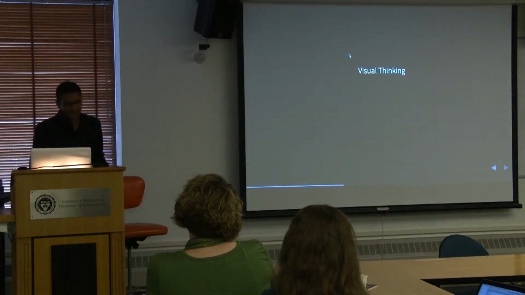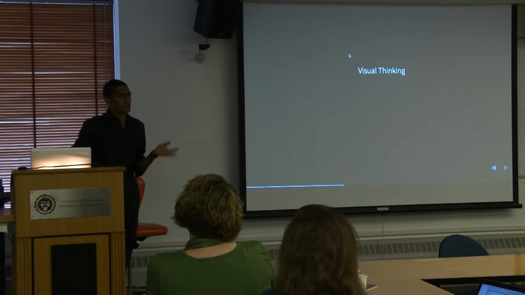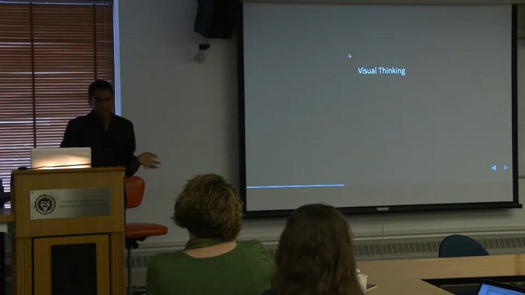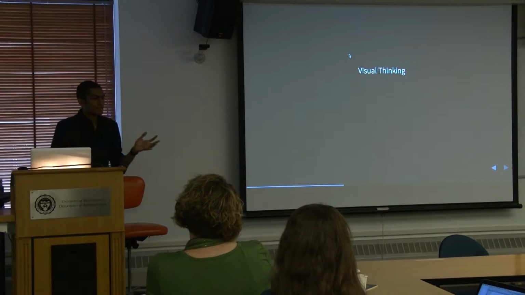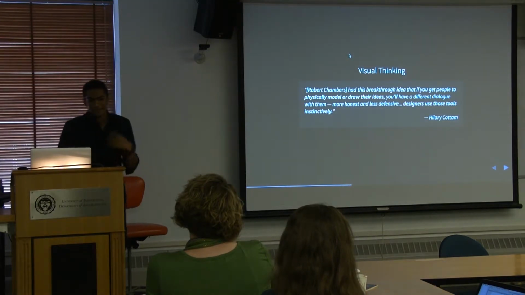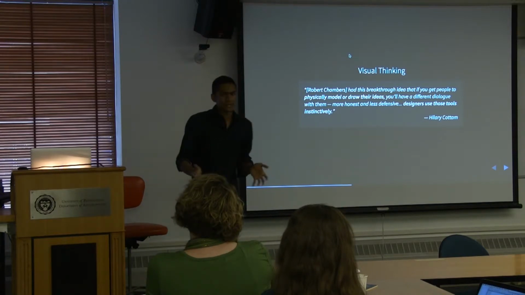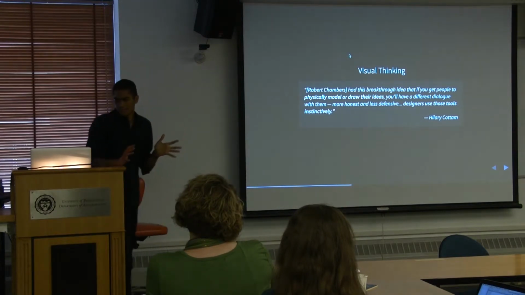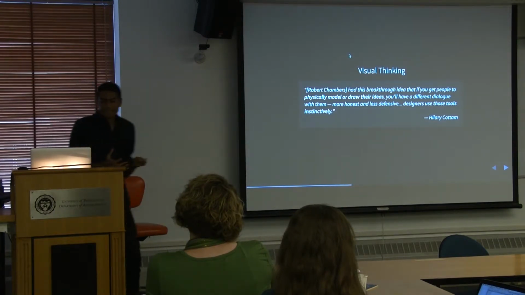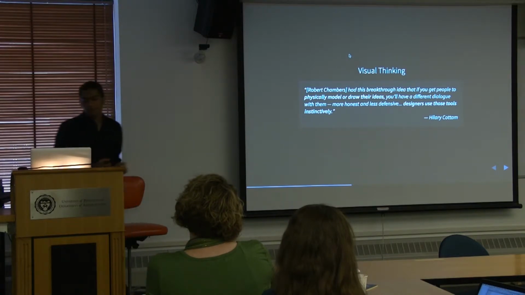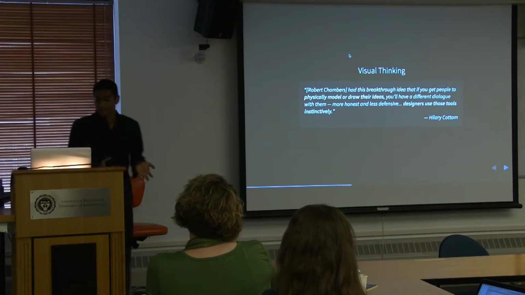She actually has a social sciences background, and she only found design in university, where her professor Robert Chambers was doing research in India, and she said that he had this breakthrough idea that if you get people to physically model or draw their ideas, you'll have a different dialogue with them, more honest and less offensive.